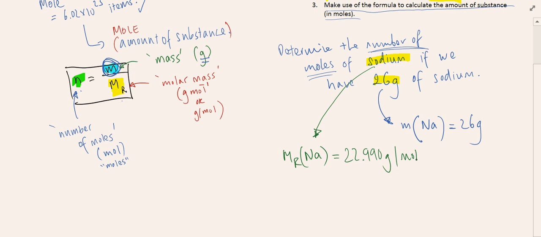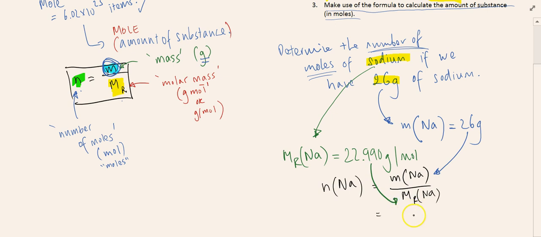Alright, so we have mass and we have molar mass, which now means that we can work out the number of moles of sodium. Number of moles of sodium is equal to the mass of sodium over the molar mass of sodium. We have both of these values.